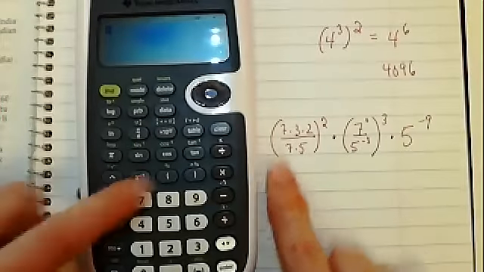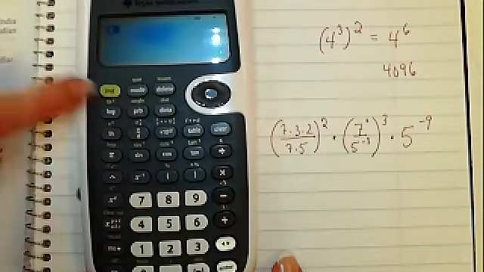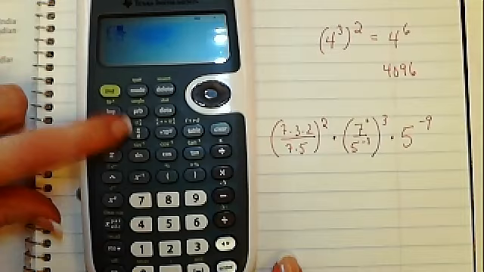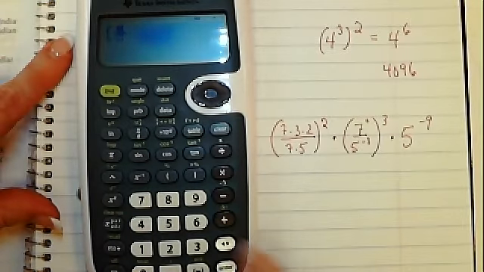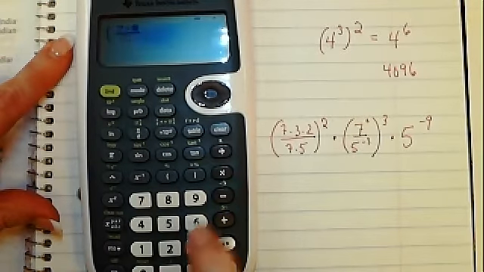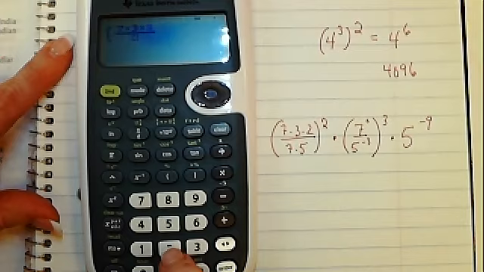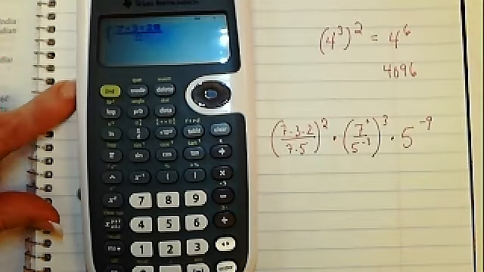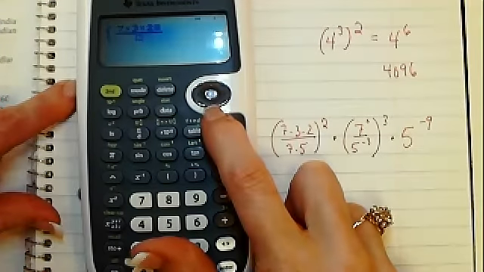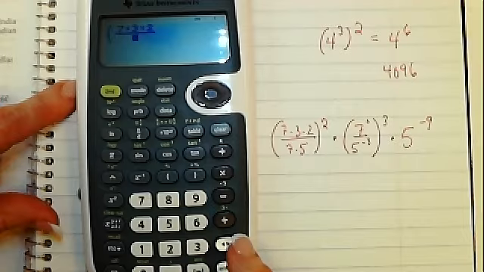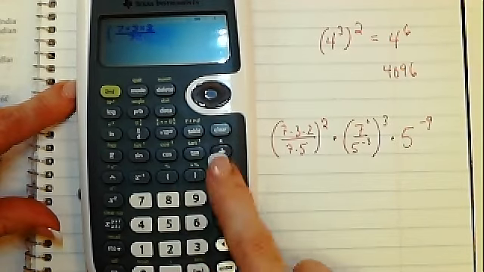All right, so when it says use parentheses, we have to use parentheses, okay, guys? Let's start with the parentheses. We're going to start with our fraction button, n over d. Then I'm going to type in 7 times 3 times 2. I'm going to arrow down to the denominator where I have 7 times 5.